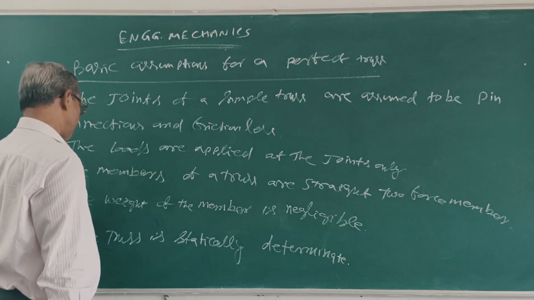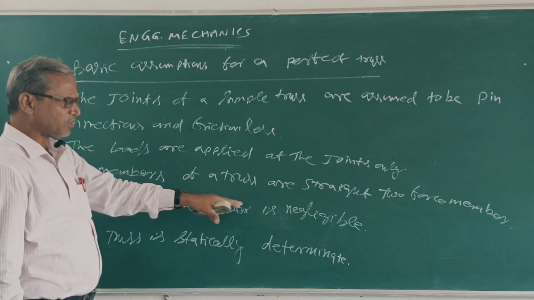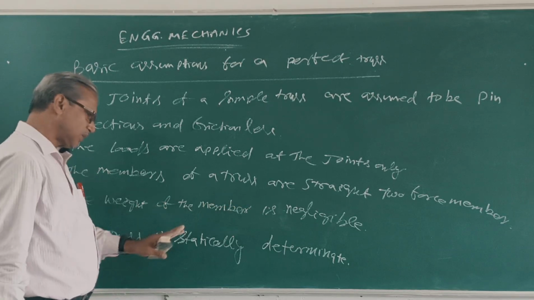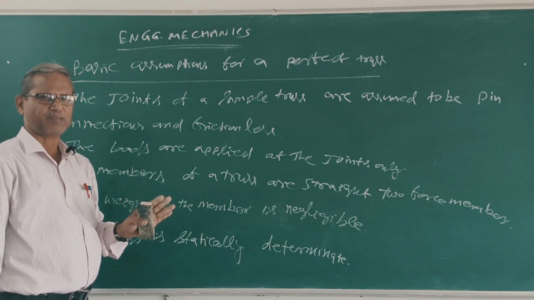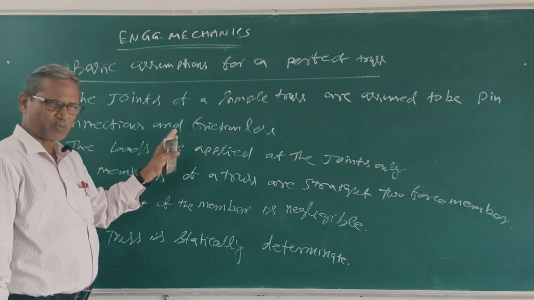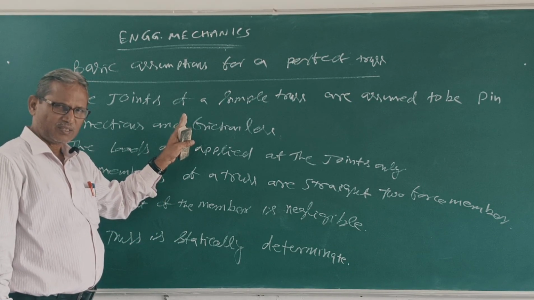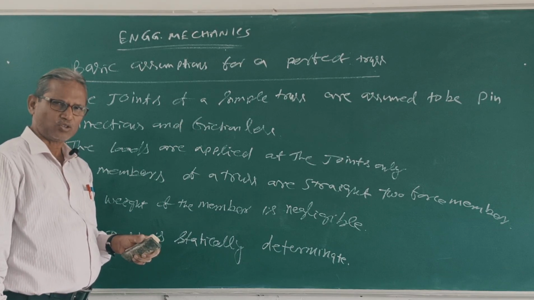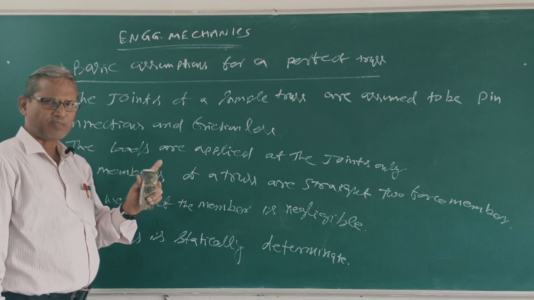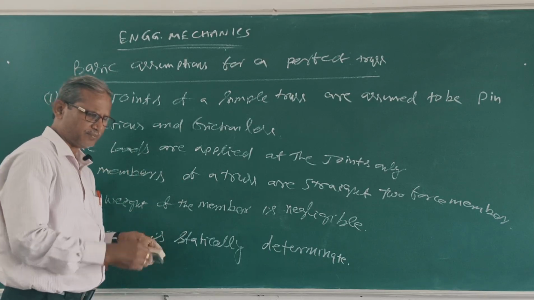Number four, the weight of the members is negligible. Number five, the truss is statically determinate. Clear? I have already explained all these things. Now, how many methods are used to find the forces in the members of the truss?